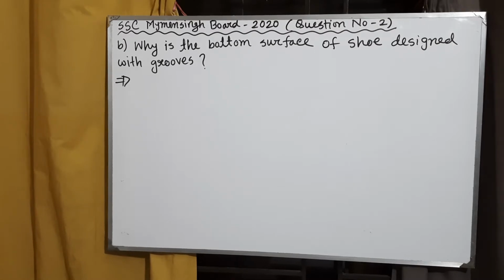So the answer is: the bottoms of shoes have grooves because grooves allow small items such as sand, mud or water some place to go sooner, allowing the surface to regain contact with the ground sooner as it slides. So that is why the bottom surface of shoe is designed with grooves.